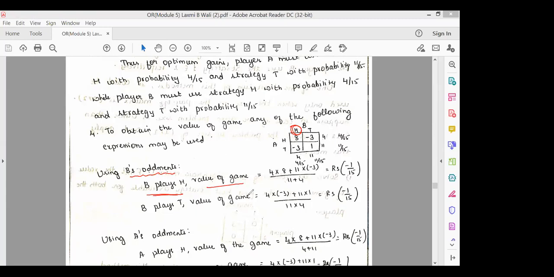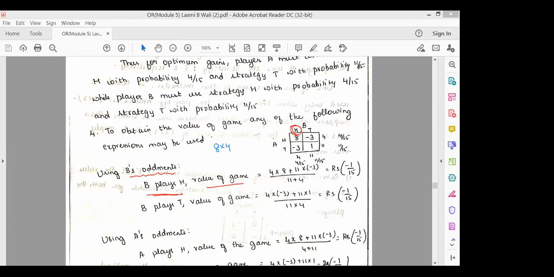How it is determined: here 4 into 8, it means you are multiplying this value, 8 into 4. Multiply this value with this, similarly this value with this value, to find out the value of the game.